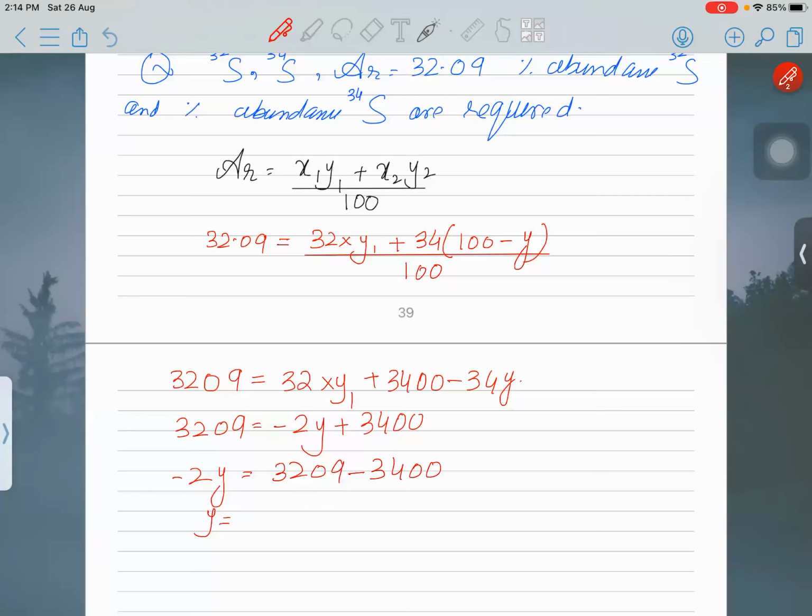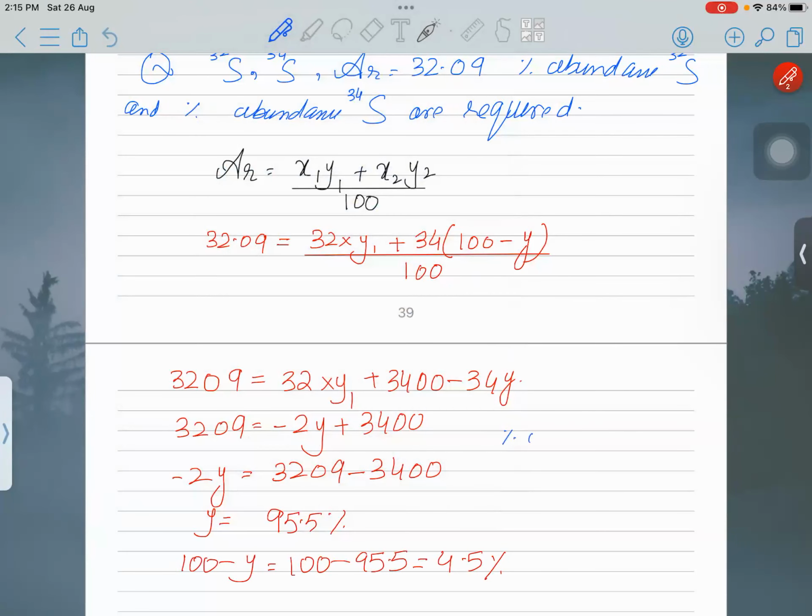So Y is equal to, can anyone tell me the answer? 95.5. So 95.5% is Y, and 100 minus Y is equal to 100 minus 95.5, which is 4.5%.